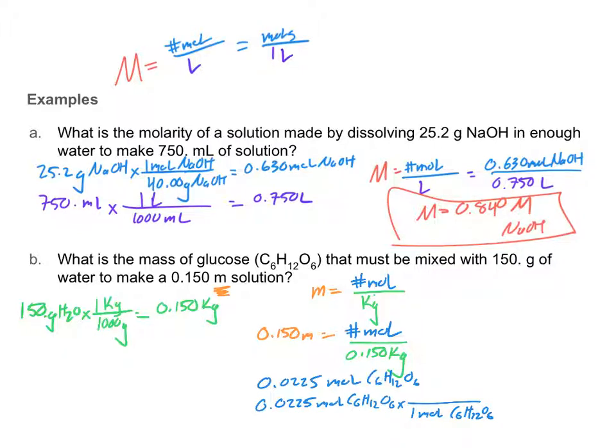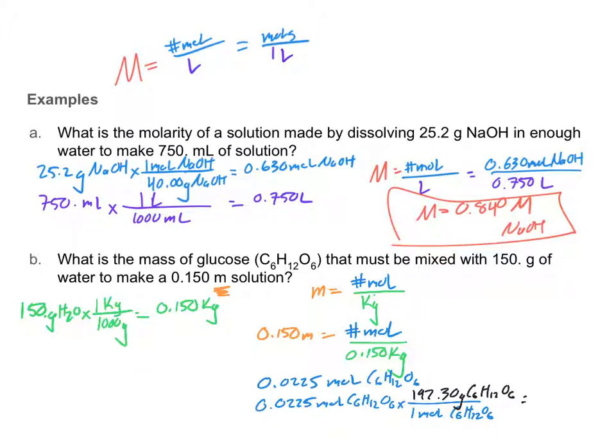Hang on, I gotta back up here. Okay, so we had 6 times 12.01 plus 1.01 times 12 plus 6 times 16, which gives me a molar mass of 192.3. So I have a molar mass here of 192.30 grams of C6H12O6.